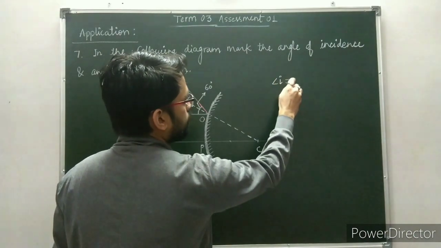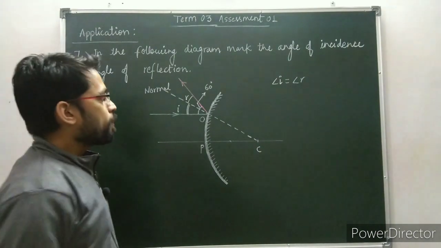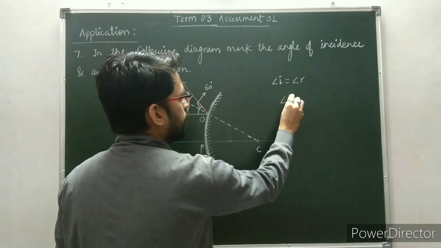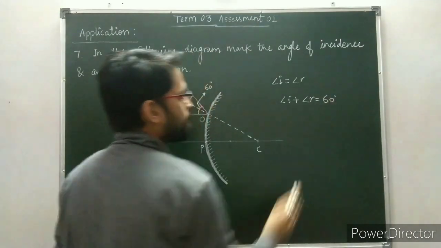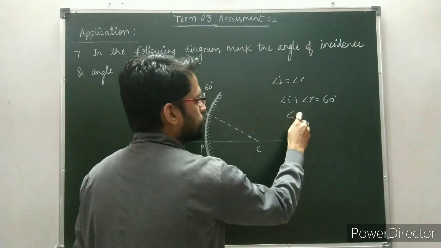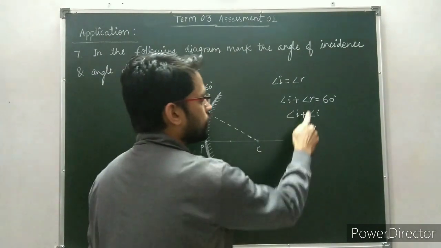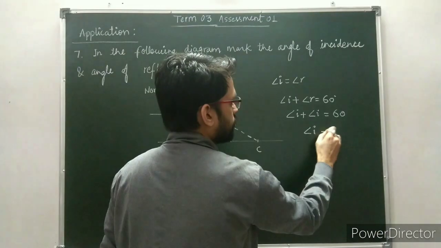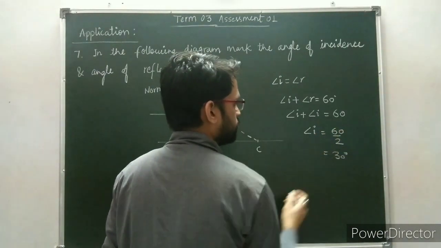Angle I should be equal to angle R, because this is the law of reflection, and the sum of these two is equal to 60 degree. It means angle I plus angle R is equals to 60. Okay. I is equal to R, so we can put R as I, so 2I is equals to 60, means angle I is equals to 60 divided by 2, which is equals to 30.